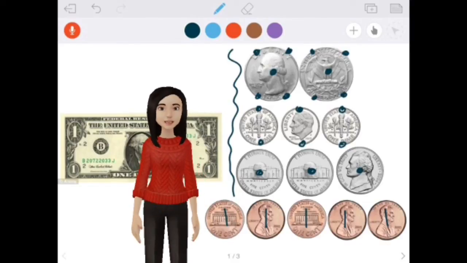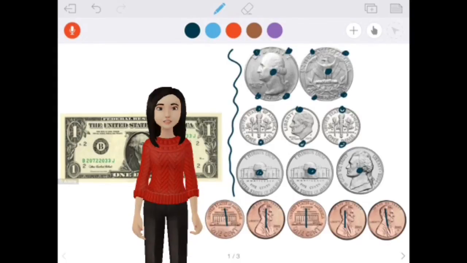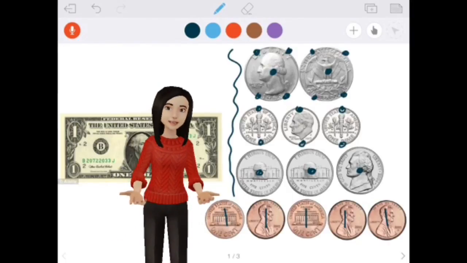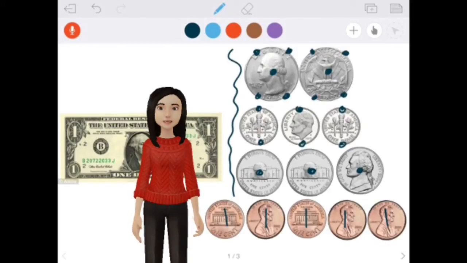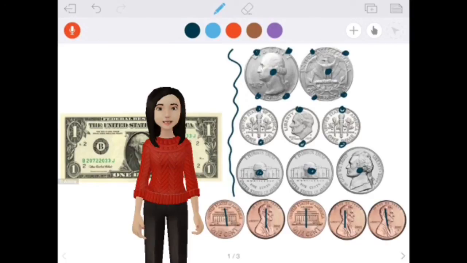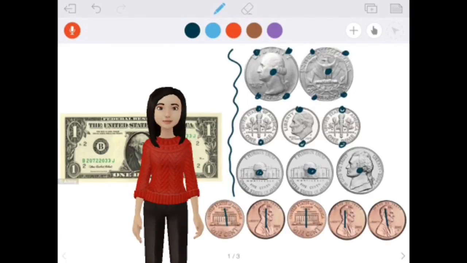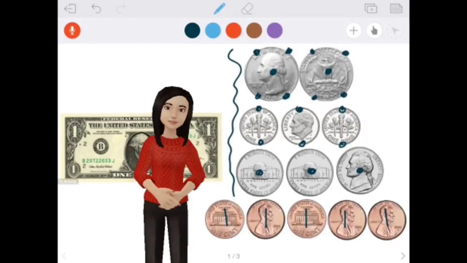So I'm going to put 95 in my head, 96, 97, 98, 99, 100 cents. This means 2 quarters, 3 dimes, 3 nickels, and 5 pennies make $1 or 100 cents.